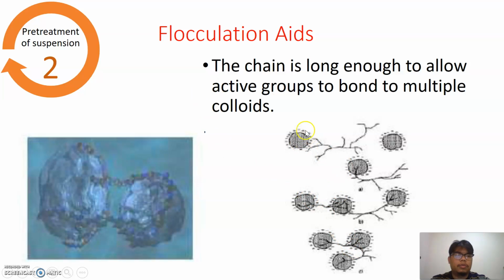So what you do is, for example, all these small particles, we try to make a bond between all of these small particles, and then it will make a larger particle.